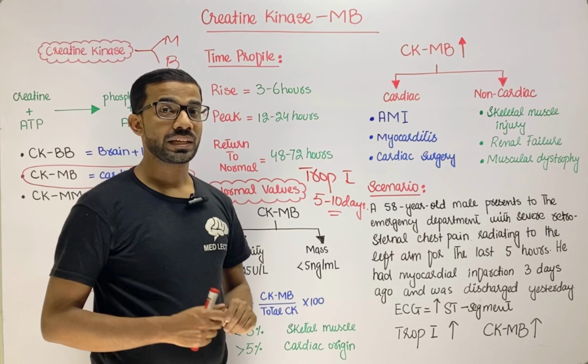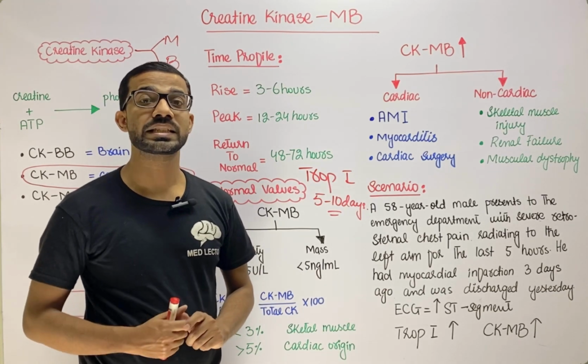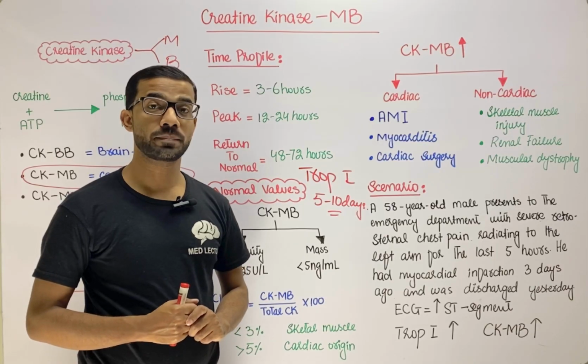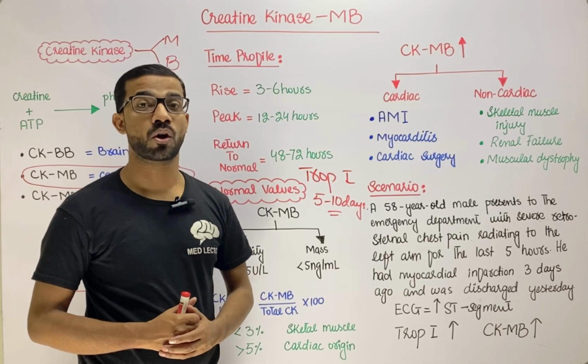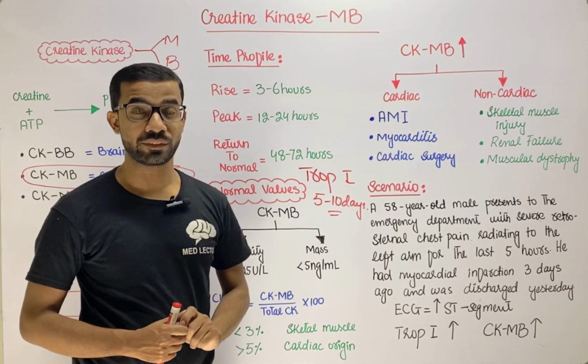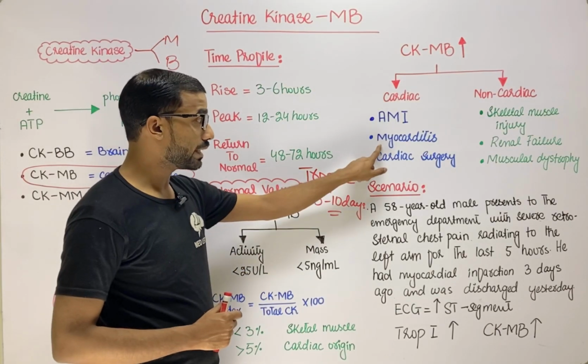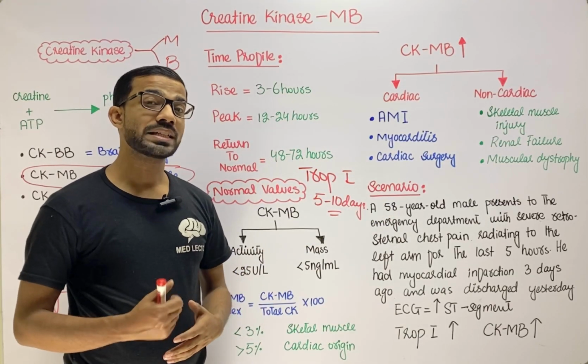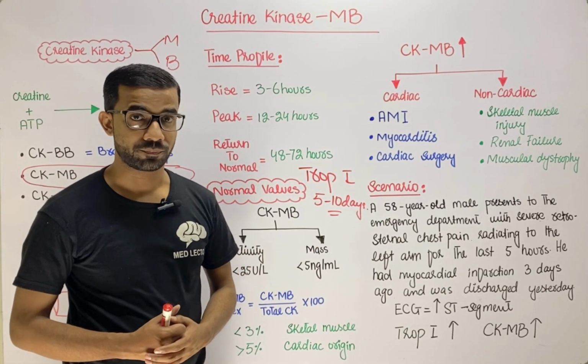Next, we will see in what conditions you will see an increase in the CKMB. There are two most important categories, cardiac reasons and non-cardiac reasons. In the cardiac reasons, you can see acute myocardial infarction. In case of myocarditis and after cardiac surgery, you can also see increased CKMB.